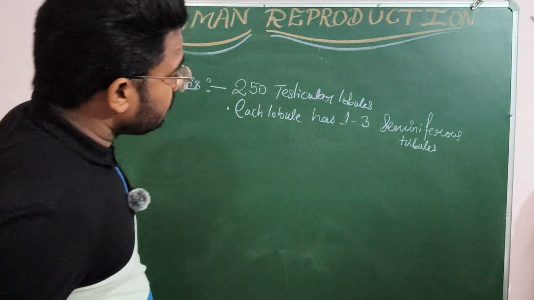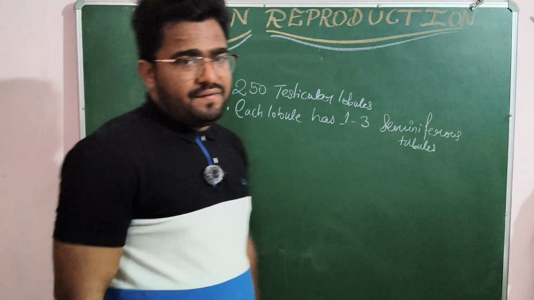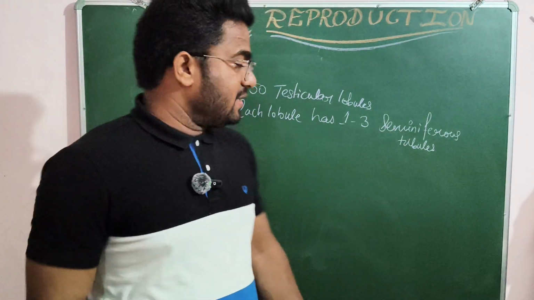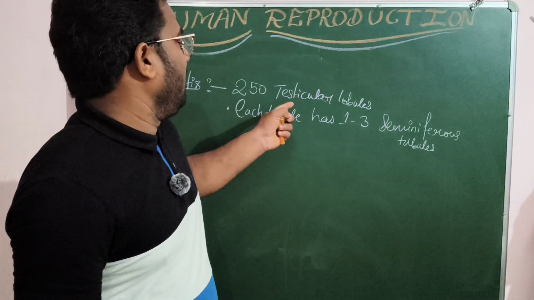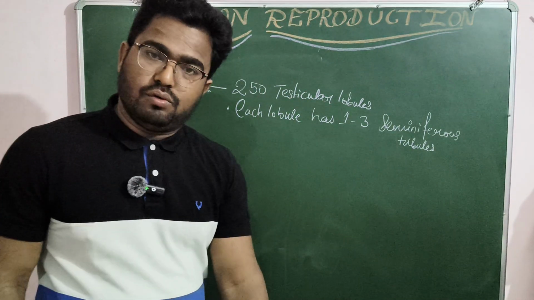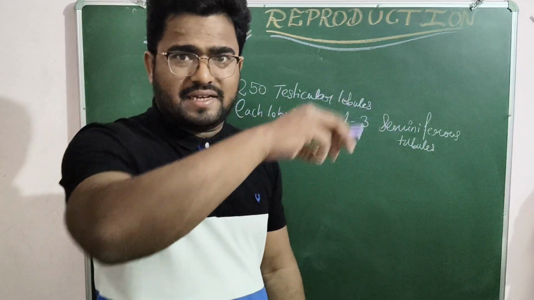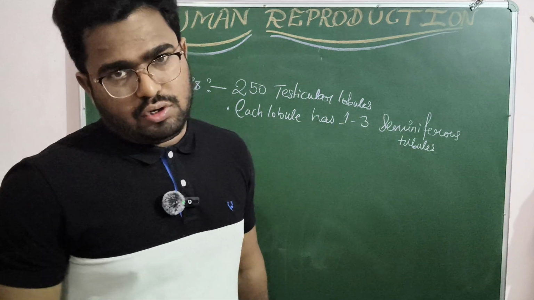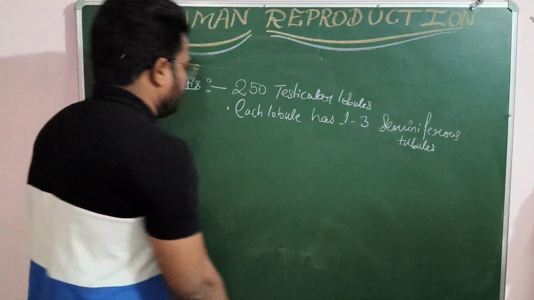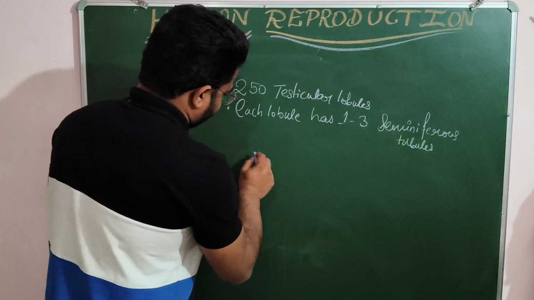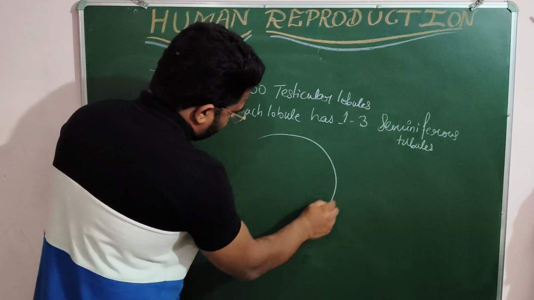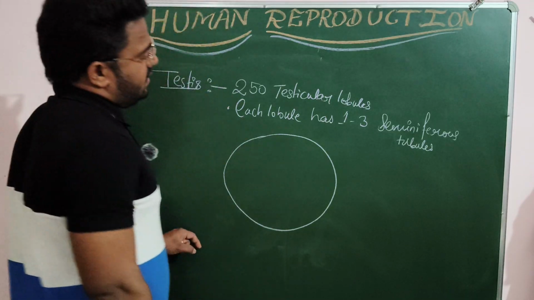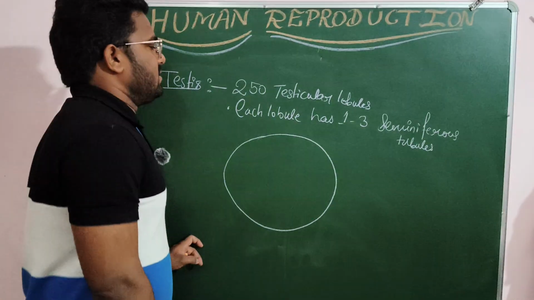Now let's dive into the internal view of the seminiferous tubule, or we can say let's dive deeper into the internal view of the testicular lobule. How exactly does it look, and what is the arrangement of the seminiferous tubule inside the testicular lobule? Here we are seeing a transverse section or cut section of a testis.